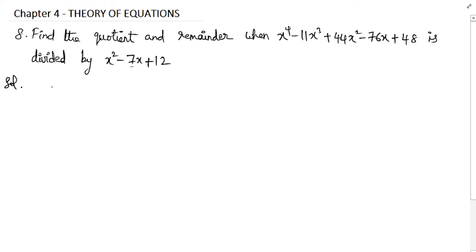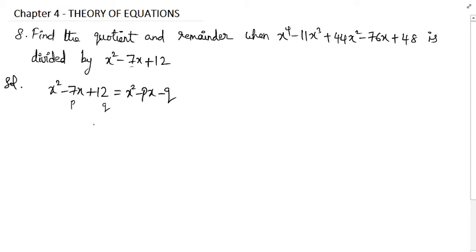Here x² − 7x + 12 is in the form of x² − px − q, right? So here this is our p, this is our q.